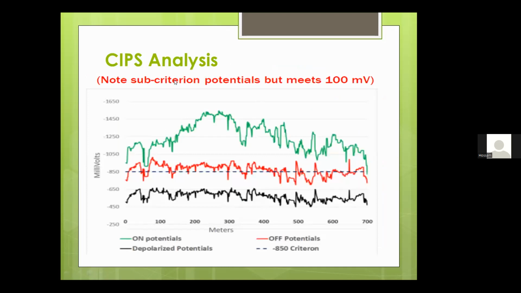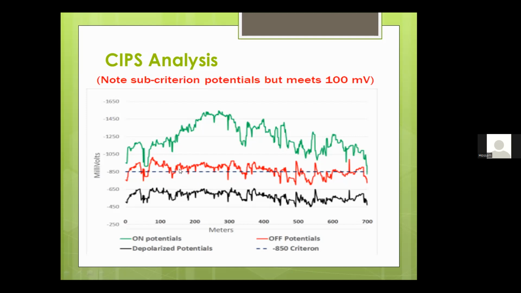If we want to make an analysis of these readings, the green readings are the on potentials, the red are the off potentials, the black readings are the depolarized potentials, and this dotted line is the criteria of negative 850 millivolts copper sulfate reference electrode.